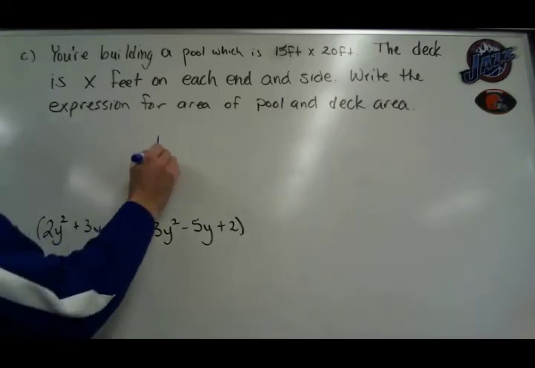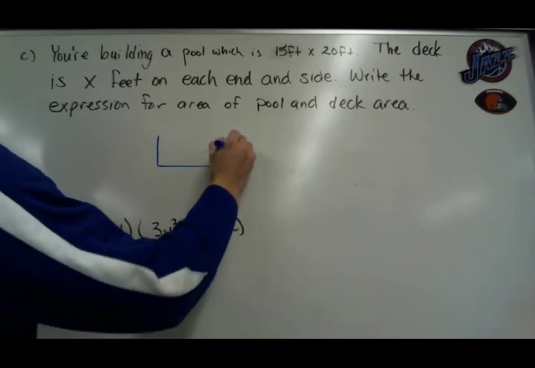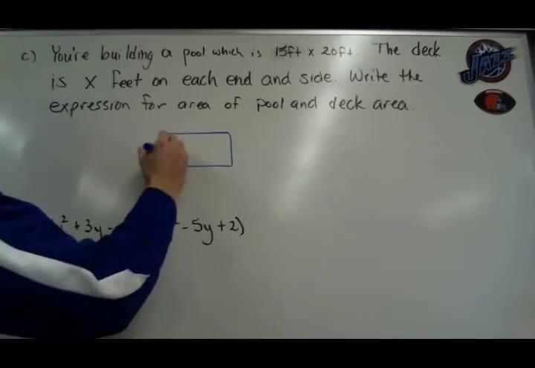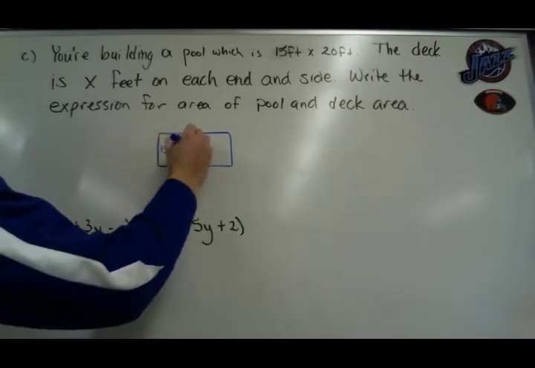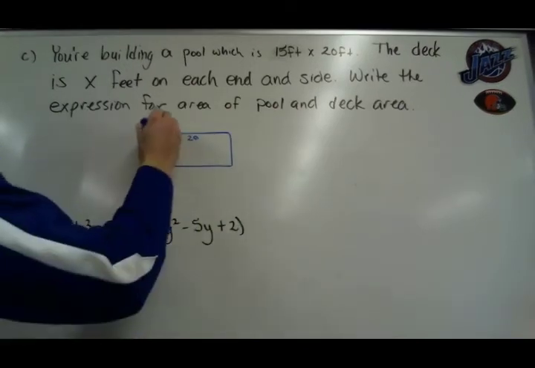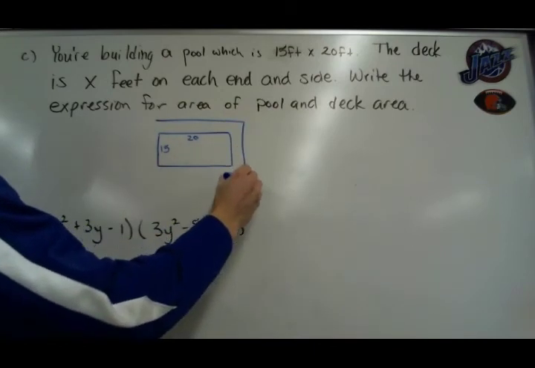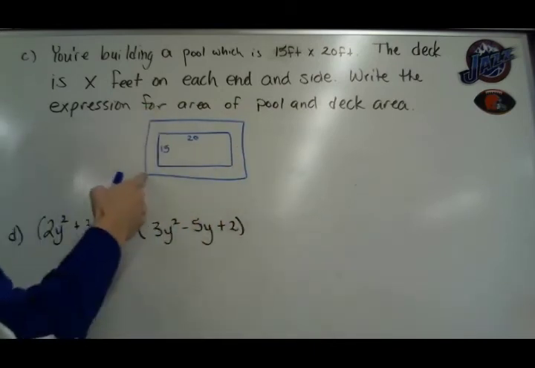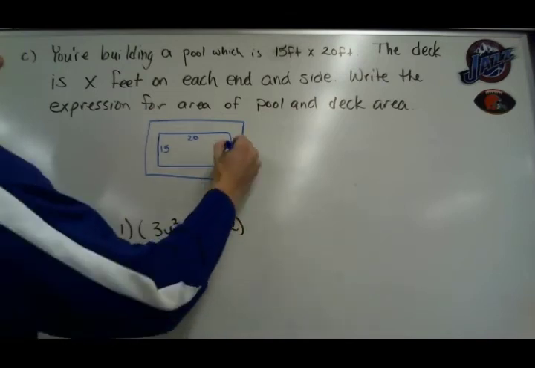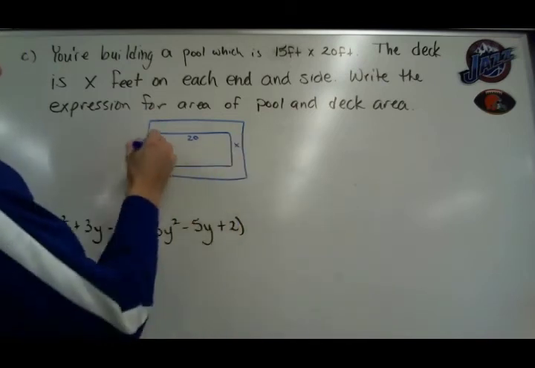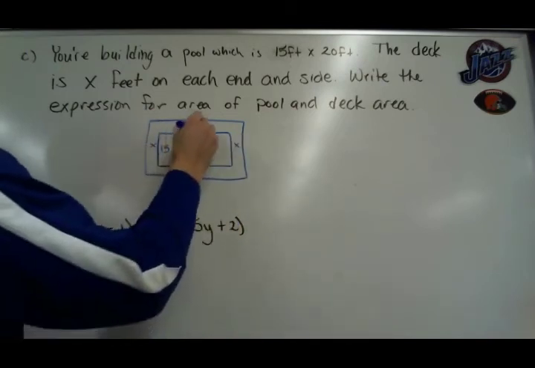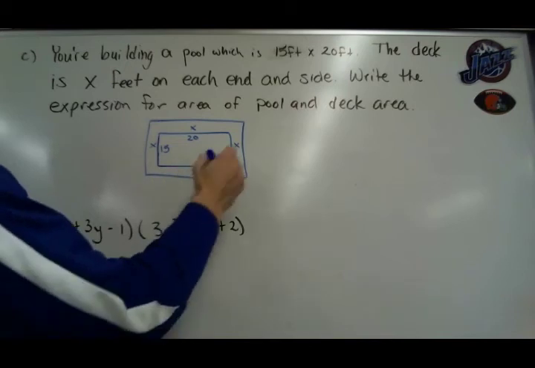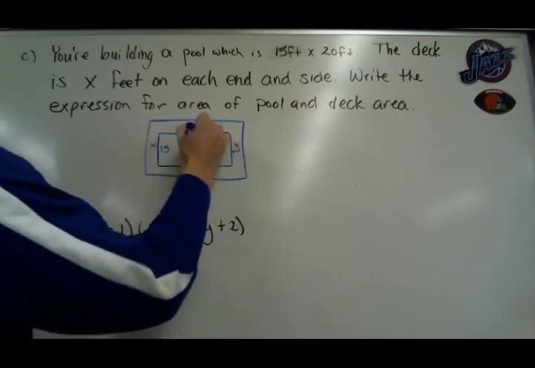So here I've got my pool, and my pool is going to be 15 by 20. Then I have a deck area around this pool, so it looks like this. Now, this does not represent x and x. What represents x is this distance here, this distance here, this distance here, and this distance here.